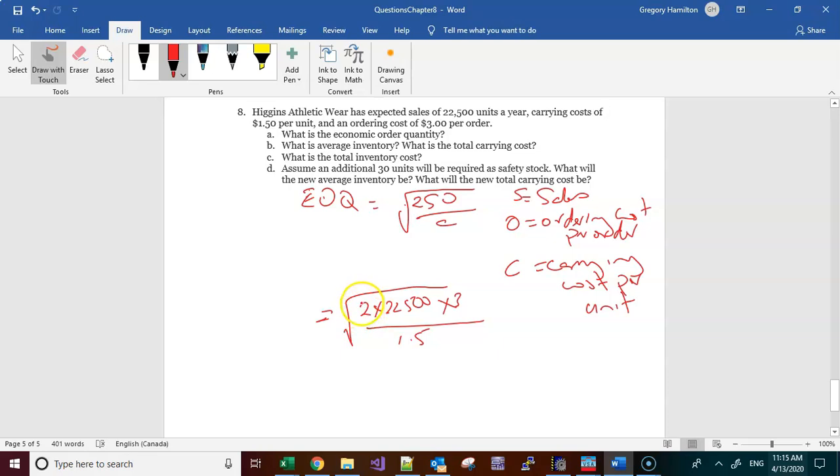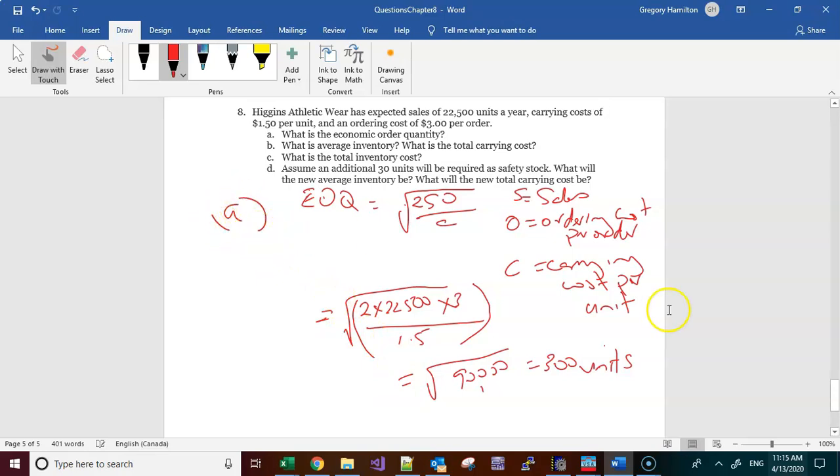So let's put a bracket to make sure that we know that. Taking the square root of this entire thing gives us the square root of 90,000, and that's equal to 300 units. Right, so that's for A.